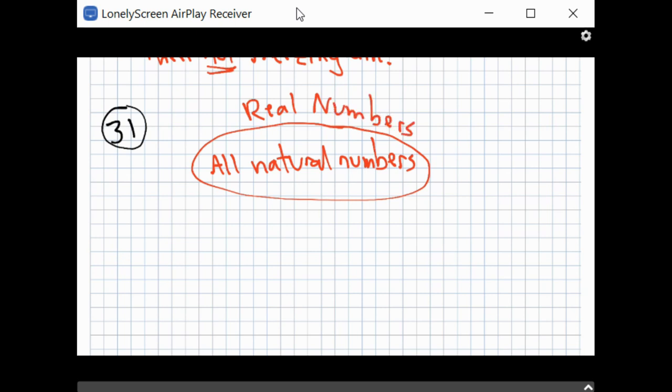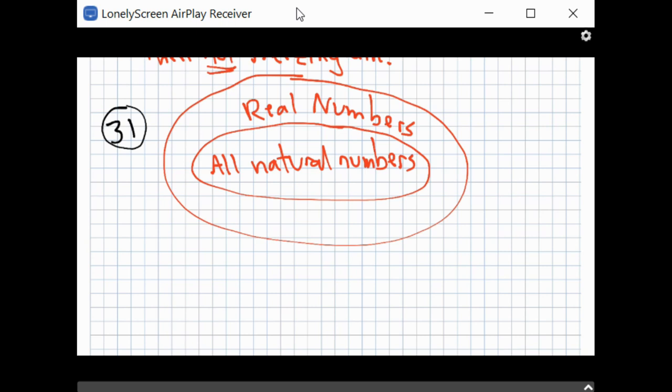Natural numbers go from 0 on up to infinity without fractions or decimals, like 0, 1, 2, 3, 4, 5, 27, 47, 2000. And those all fall within the real numbers. You'll get into this in Algebra 2, maybe you did it in Algebra 1. We'll talk more about that.